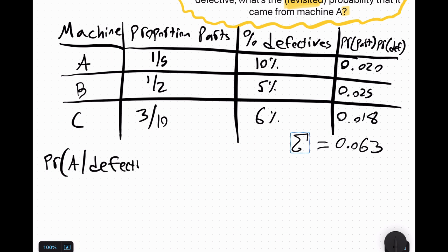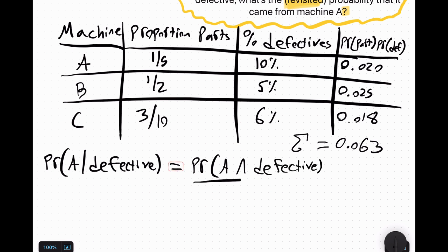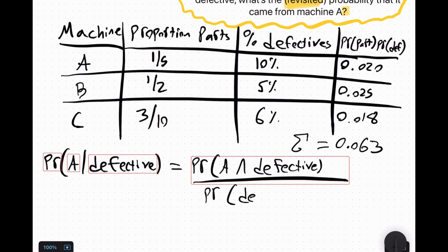It's going to be equal to the probability of A and being defective, divided by the probability of being defective.